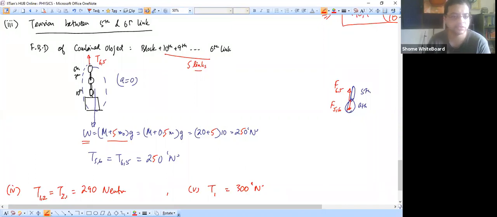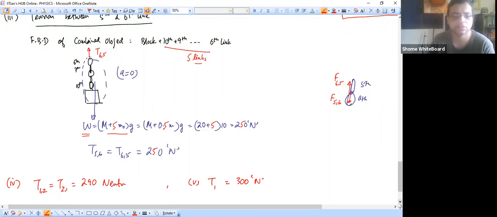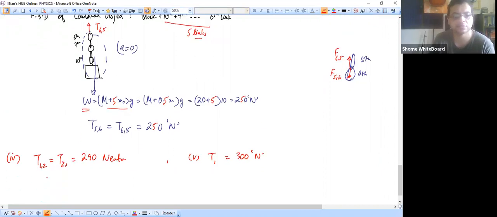Okay, people, so understood this example? For this, you make the free body diagram of the block plus 9 links, that is link number 10 to link number 2.